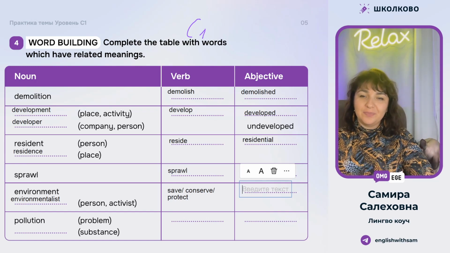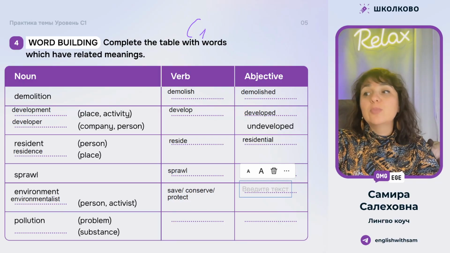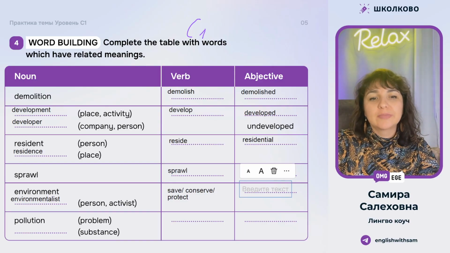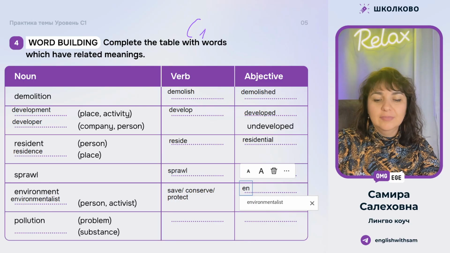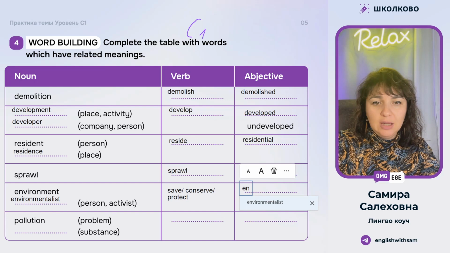Adjectives. Okay. Preserve, sure. Preserve here. Okay. And so you know the adjective environmental.